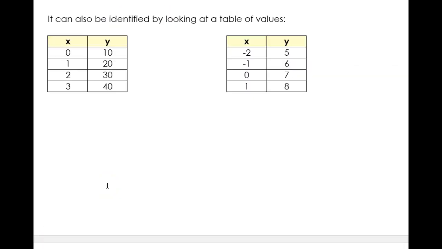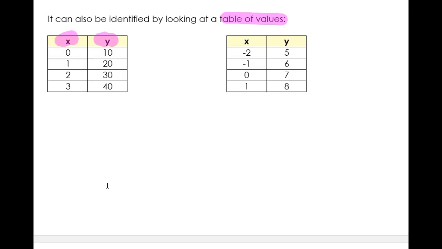So now we're going to look at tables of values, and we're going to have to use what we just talked about: what the value of x is at the Y-intercept. So remember, the Y-intercept occurs when the x value is 0. So if a table of values asks you to identify where my Y-intercept is, you're going to be looking for the value of y when your x value is 0.